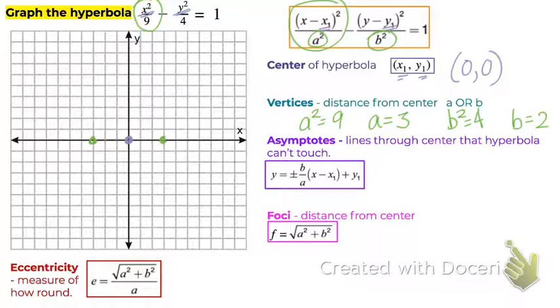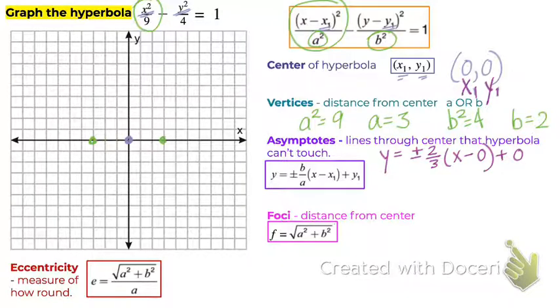So now we have everything we need for the formula. We can start substituting it in to get our equations for our asymptotes. So it's y equals plus or minus b over a, so 2 over 3, parentheses, x minus the x coordinate of our center, plus the y coordinate of our center.